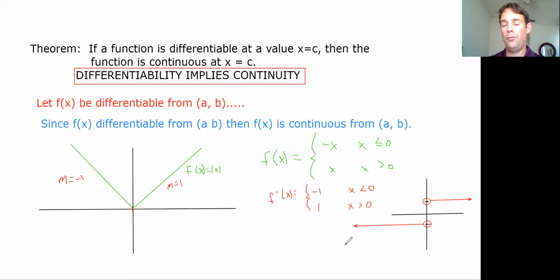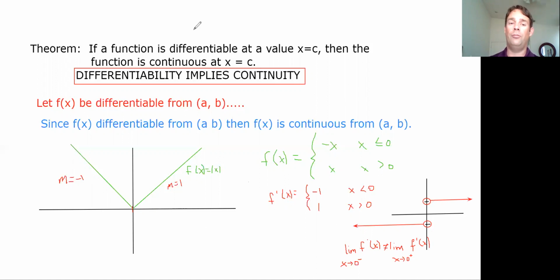If I were to take this derivative function and look at the one-sided limits, notice the two one-sided limits, they don't agree. They're not the same. Just because the graph was continuous at 0 didn't mean that the derivative existed at 0.